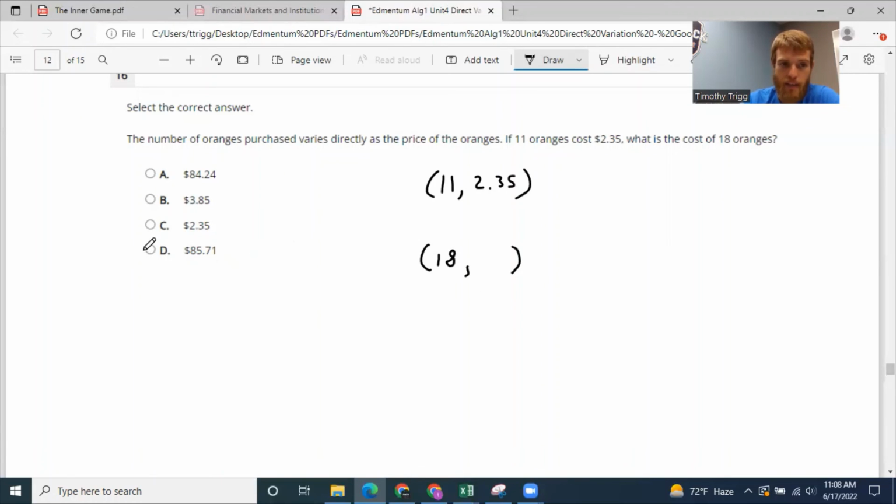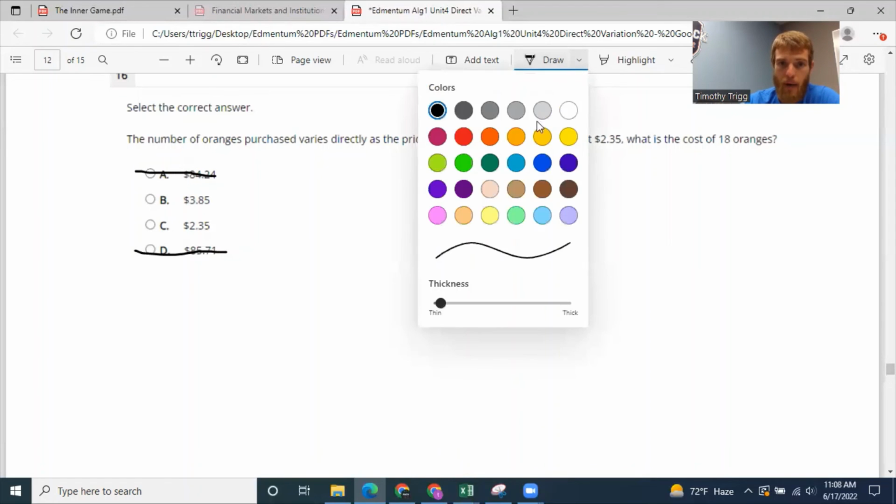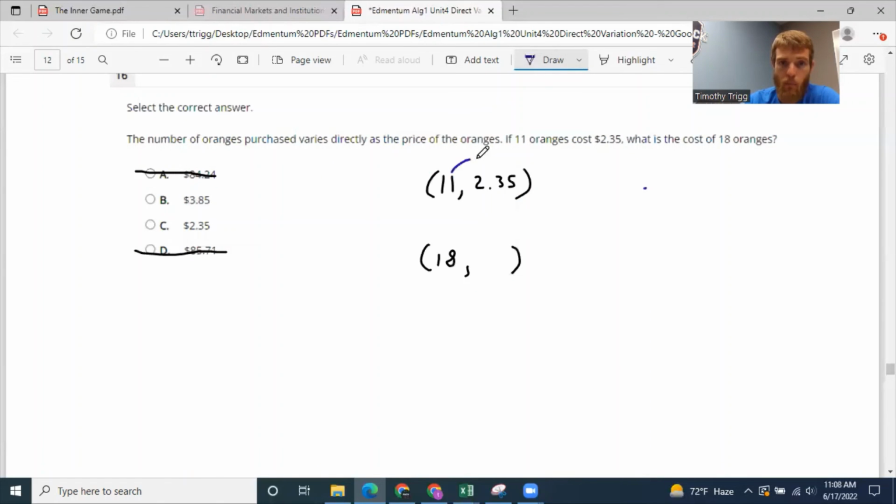Now, right away, I can see, okay, well, this is not a correct answer, and this is not a correct answer, right? It's not going to be in the 80s of dollars, right? But what do we multiply by? What's the multiplier here to go from 11? So times what gives me 235. Whatever that multiplier is, you multiply the same thing over here, times K.